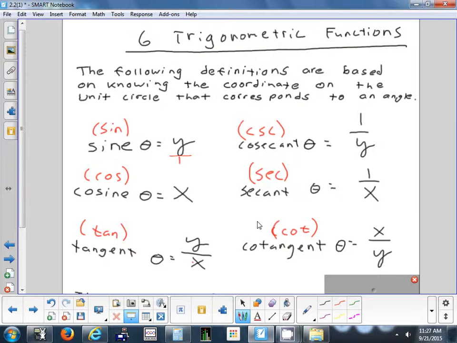Okay, so that's the 6 definitions of the trig functions on a unit circle. If you've done this before and you've used opposite, adjacent, and hypotenuse, anybody use those terms before? You heard those? Yeah, that's a different way to do it. It's really the same as this stuff.